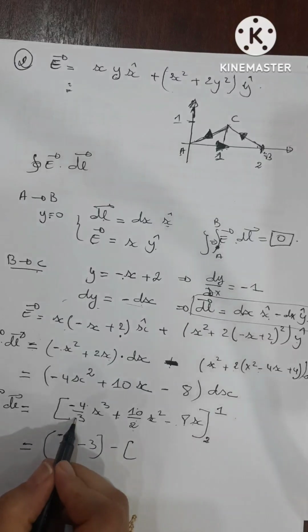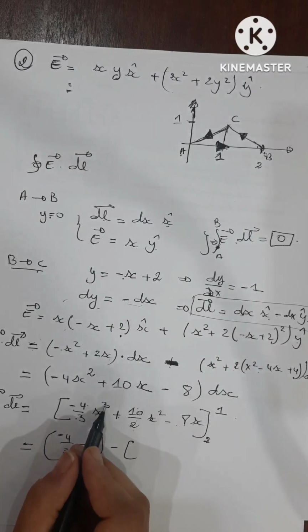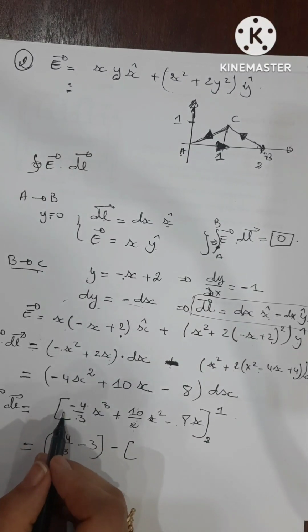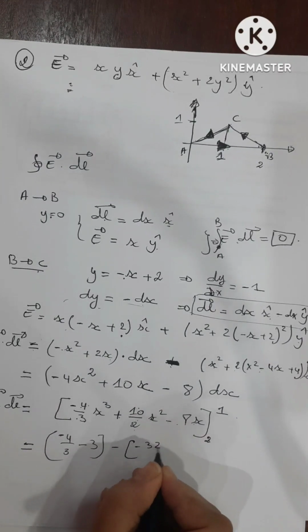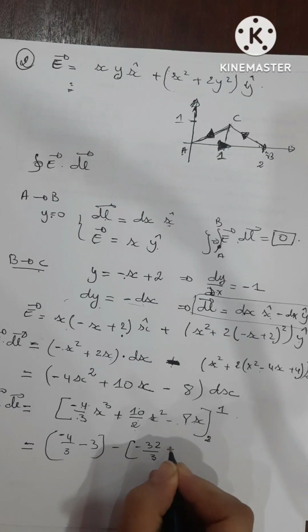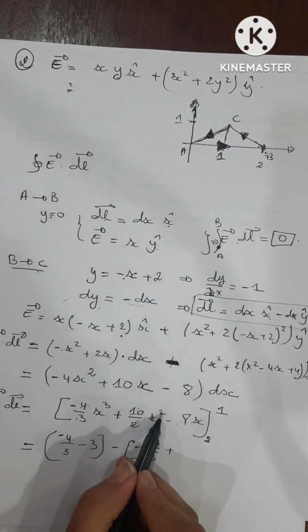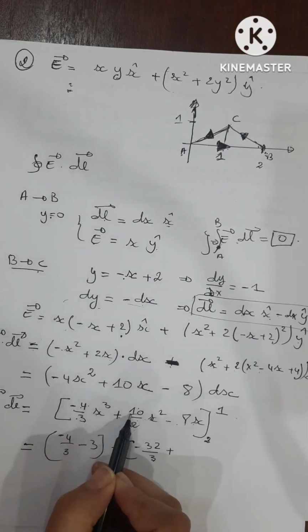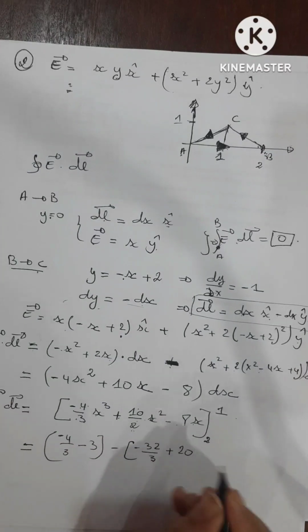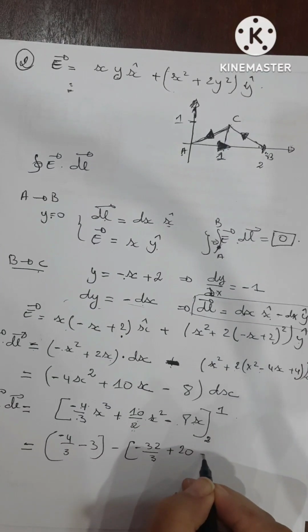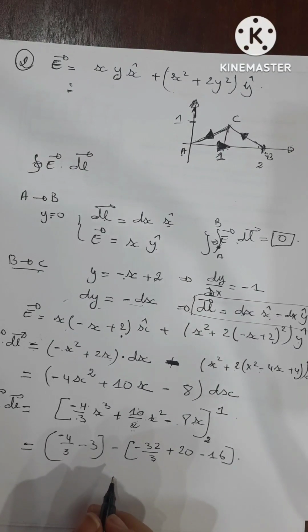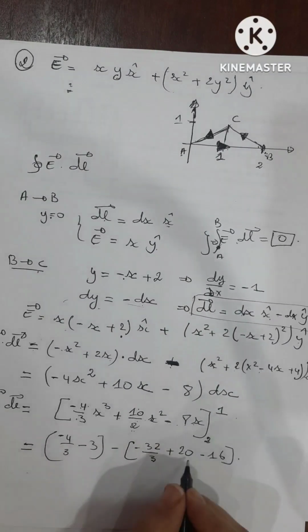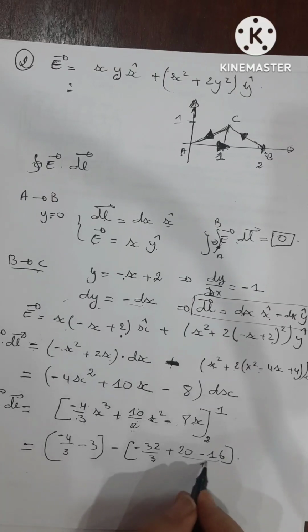Minus 32 over 3 plus 40 over 2, which is 20, minus 16. Okay, so the result is 4.